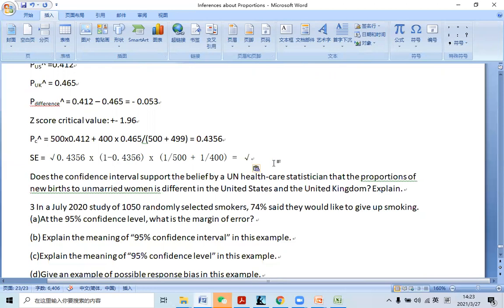Let me do this another way. 1 minus 0.4356, that's the other one. 0.4356 times 0.5644 is 0.246.